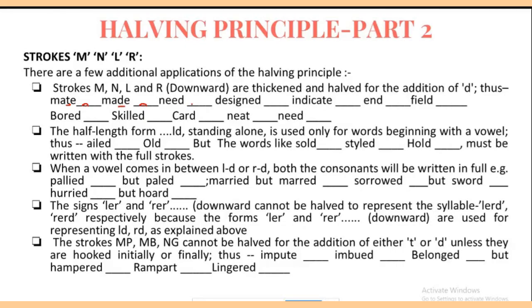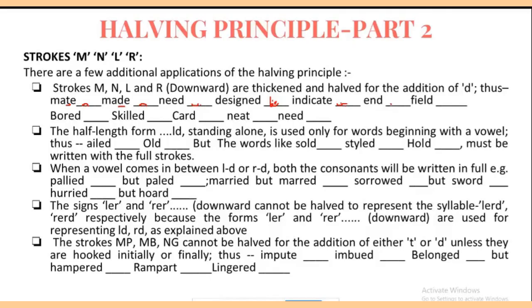Then need, N will be dark. Denied, in this case N will also be dark. Indicate: N is halved for the addition of D, and K and N for the addition of K, halved for the addition of D. Indicate.